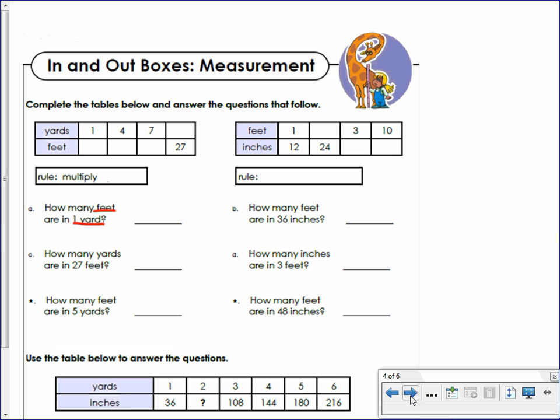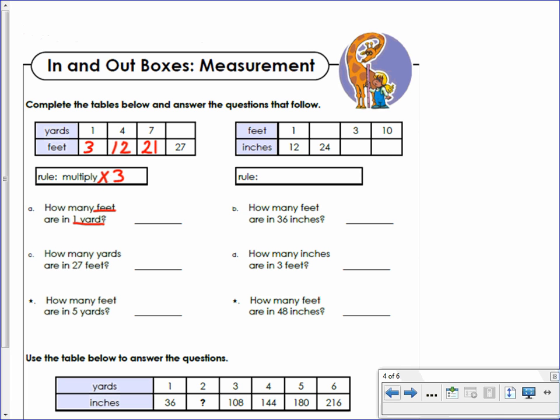So in our box, 1 yard is equal to 3 feet, and we said our rule is multiply by 3. 4 times 3 is 12 feet. 7 times 3 is 21 feet.